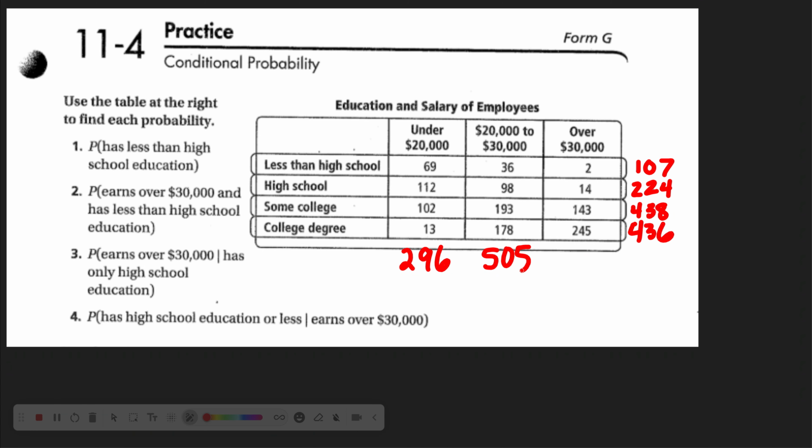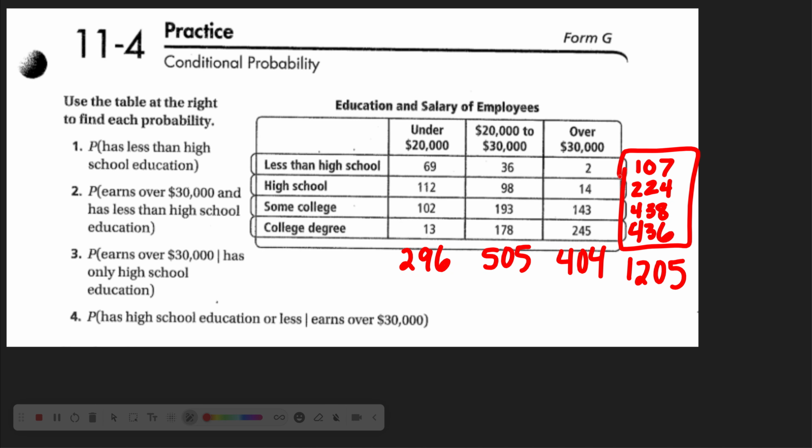And then if I add up these, it should give me the same answer. Now, if we added up the 296, 504, and 404, or 505, excuse me, that would be the same as if I added up these two.